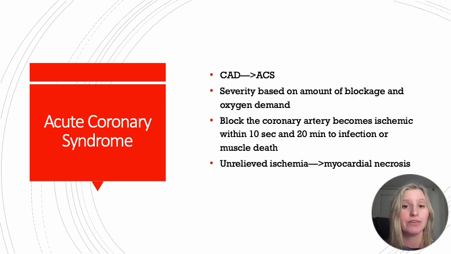Now, an unrelieved ischemia can result in myocardial necrosis. So our ACS includes unstable angina, non-ST elevation MI, or an ST elevation MI, which is extremely bad. And we can diagnose this by our ECG.